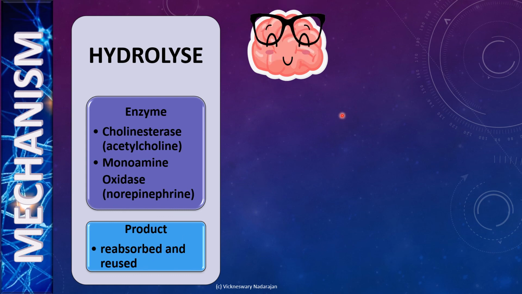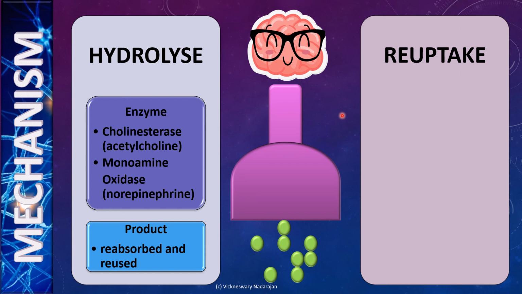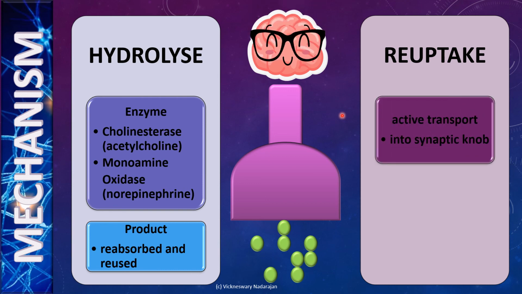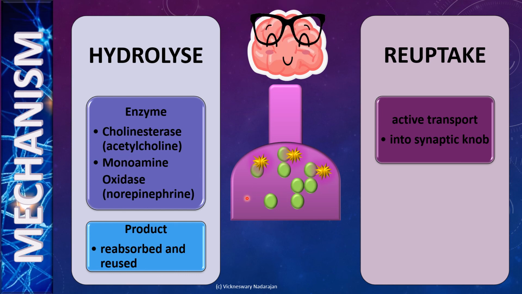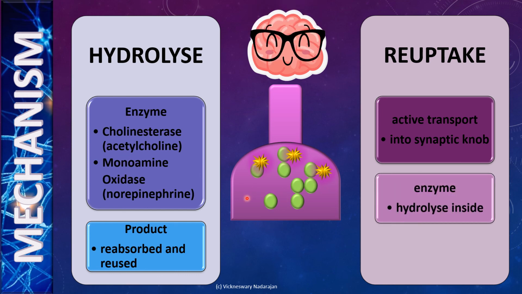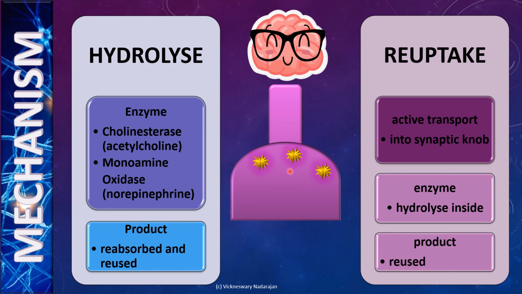Reuptake does a similar process like hydrolysis, but it starts first with an active process of transporting the neurotransmitters back into the synaptic knob. The 2 enzymes here will be inside the synaptic knob, where the neurotransmitters will be hydrolyzed or oxidized, and the products will be reused immediately.